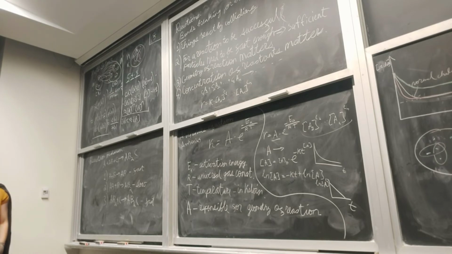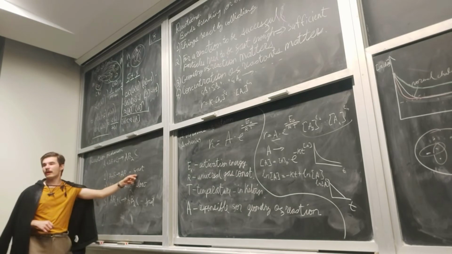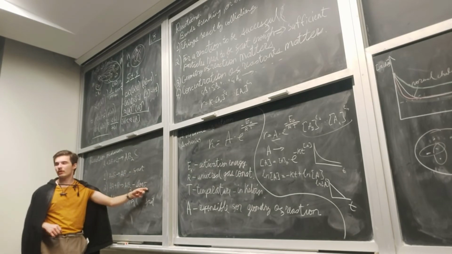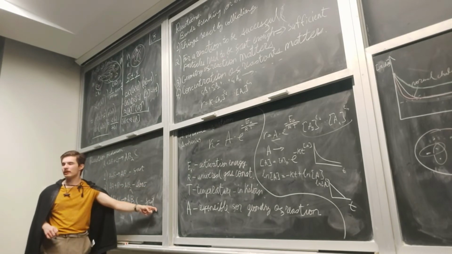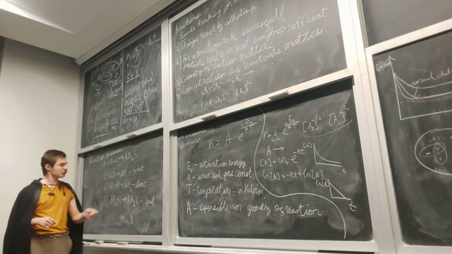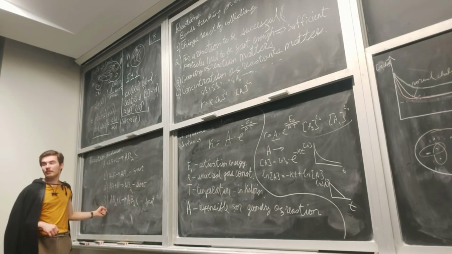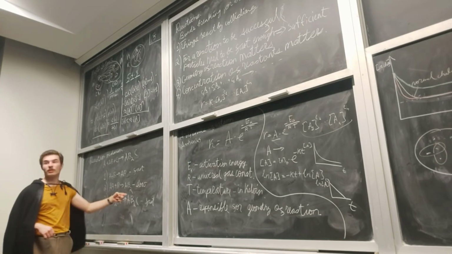Well, not really, because this is the slow step. This happens really fast, and then this happens very slowly, and then this happens really quickly again. So the rate of the overall reaction is limited by the second step, not the third step. Because this is the one that takes a lot of time.